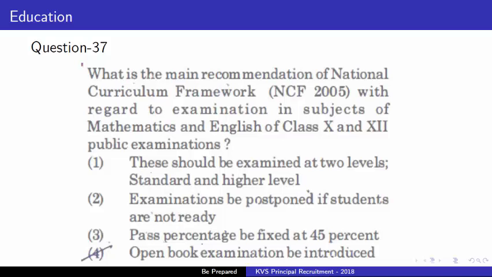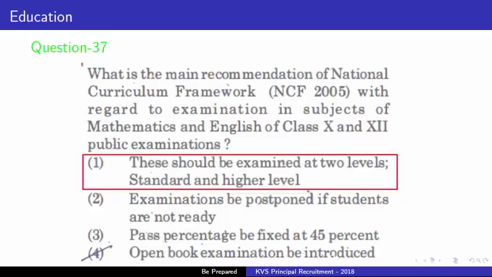Second option is examinations be postponed if students are not ready. Third option is pass percentage be fixed at 45%, and the last option is open book examination be introduced. And the correct answer is these should be examined at 2 levels, that is standard and higher level.